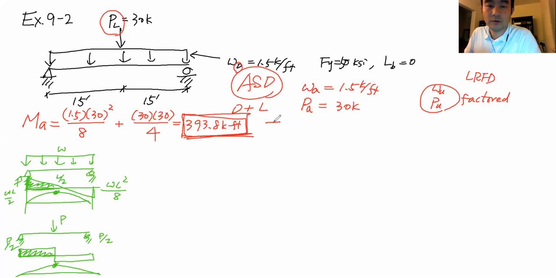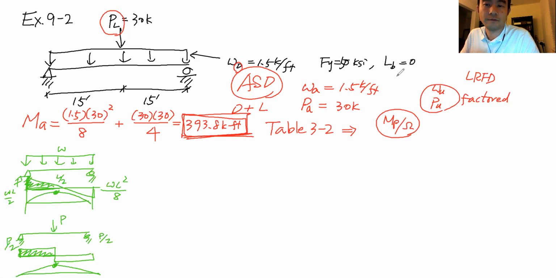From Table 3-2, I pick, so you have to compare the Mp over omega value because Lb is equal to 0, right? So we can fully maximize the capacity of this beam against bending.